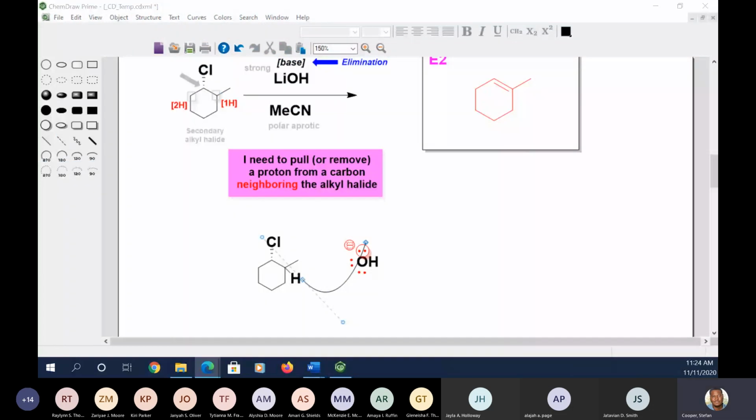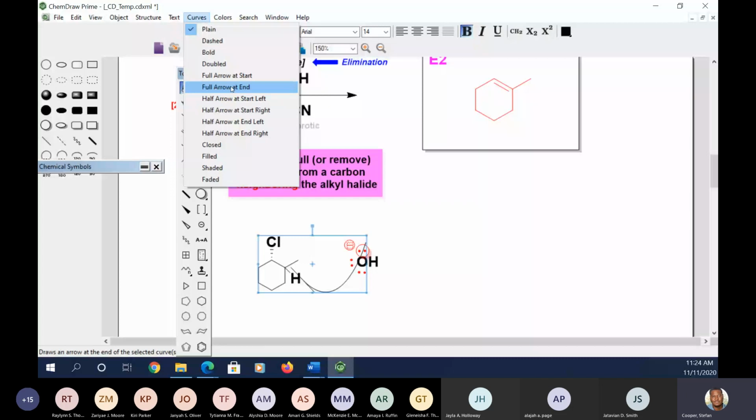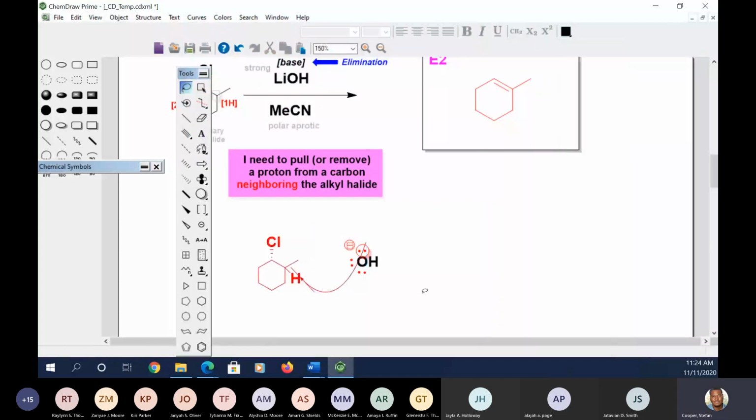Okay, so that's going to be our step 1. All right, this is going to take too much time. I just don't have enough time. I'll use the preset ones.